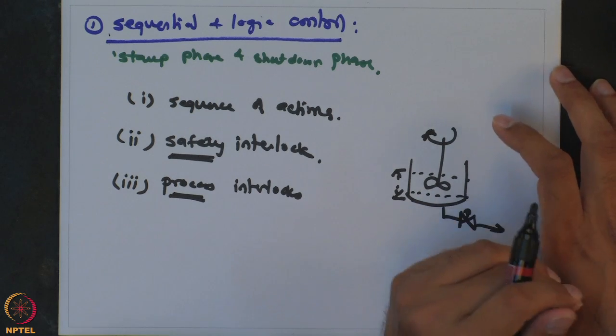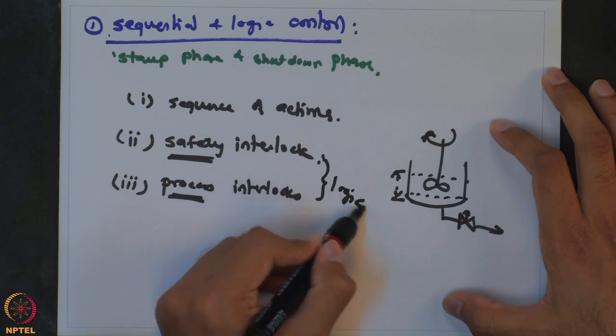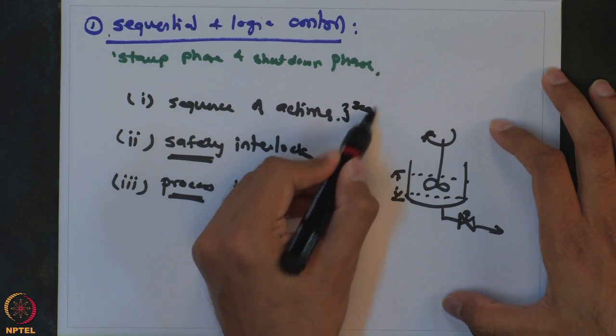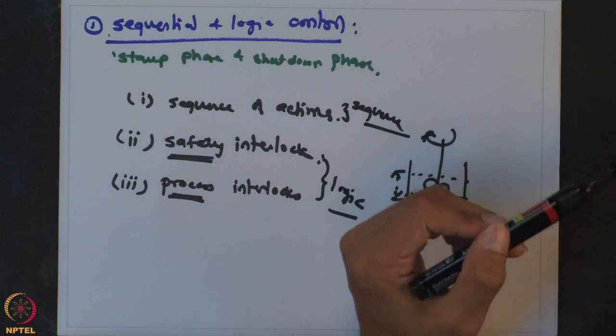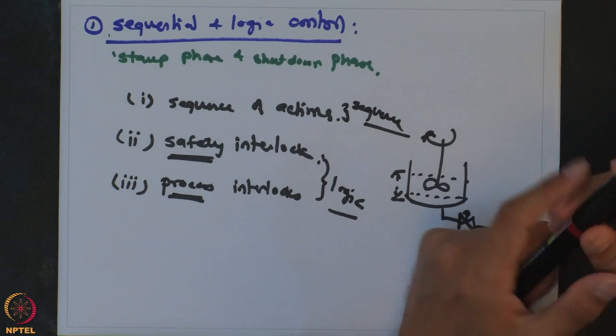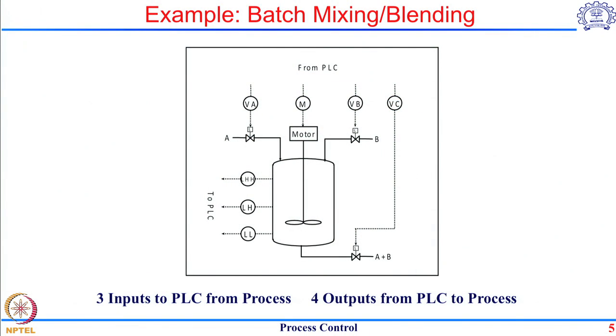So all these things mostly fall under the logic part, and this is more of a sequence. All these sort of actions would be part of this logic, which is known as sequential and logic control. So let us now take a very simple example of mixing or batch blending to explain how this sequential and logic works and how it can be implemented.